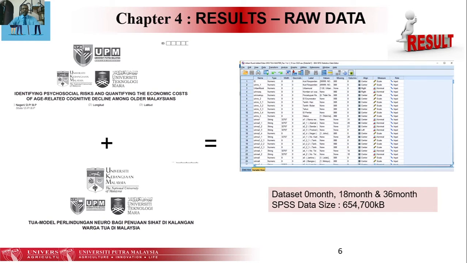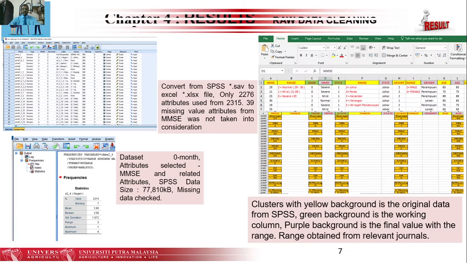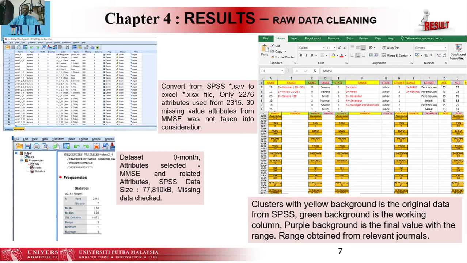The data has been collected and kept by my aging institute at UPM, whereby it consists of UPM questionnaires and UKM questionnaires, which include 0 month, 18 months and 36 months, kept in an SPSS database of 654,700 kilobytes.